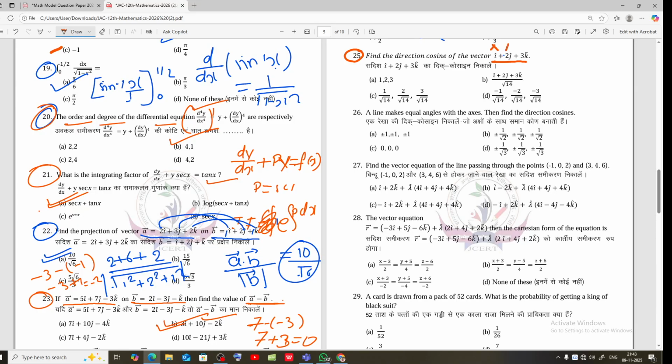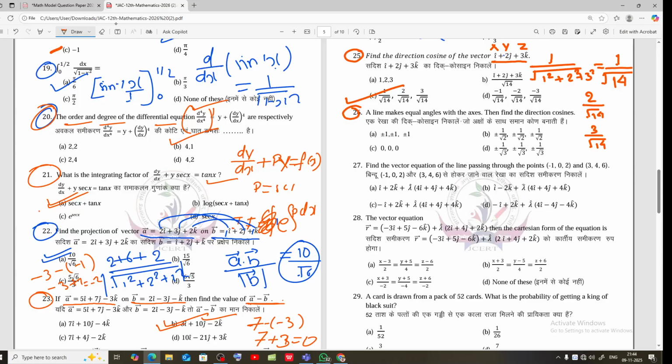For the x-axis, the direction cosine is 1 by the root of 1 square plus 2 square plus 3 square, which is 1 by root 14. Similarly for j cap, the y direction is 2 by root 14, and for k cap, 3 by root 14. That means 1, 2, 3 over root 14, option C is correct.